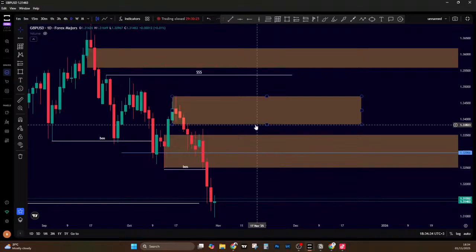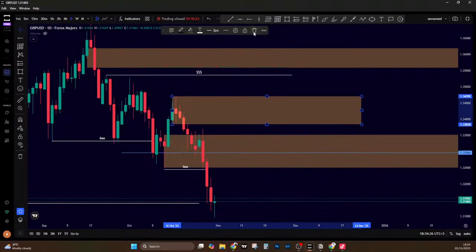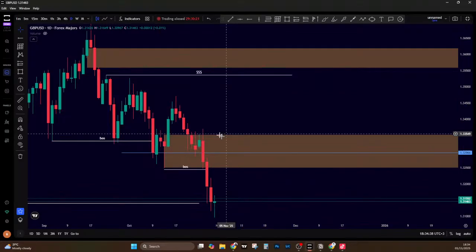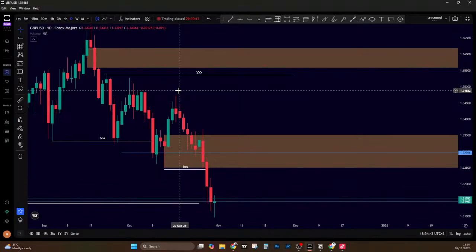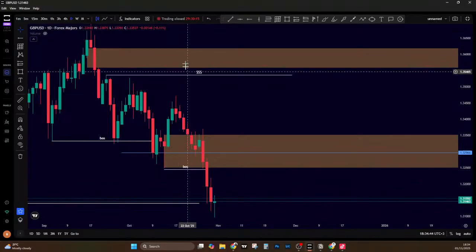So I remove this one. If the market goes past this area, I will not look for selling opportunities until we get to this order block. I hope you are getting where I'm coming from.